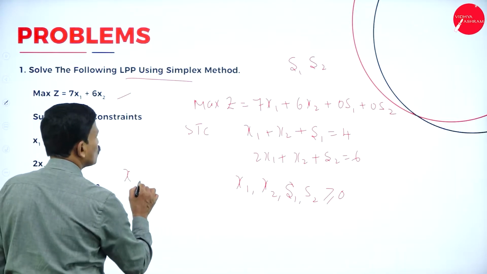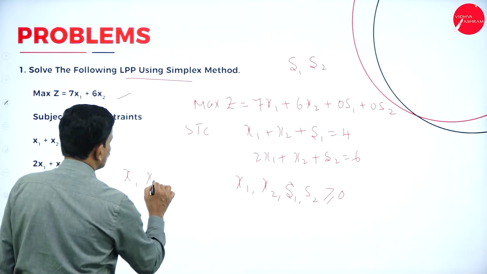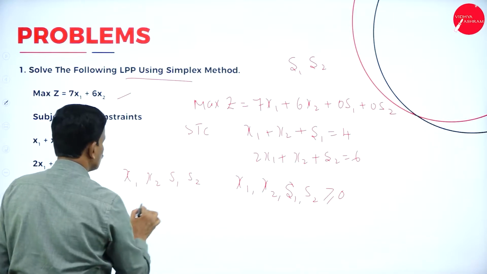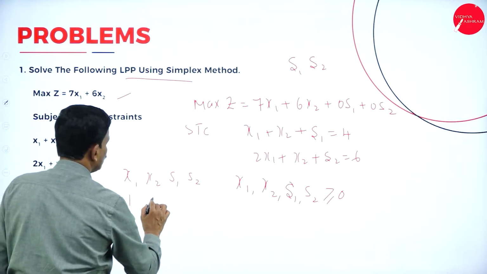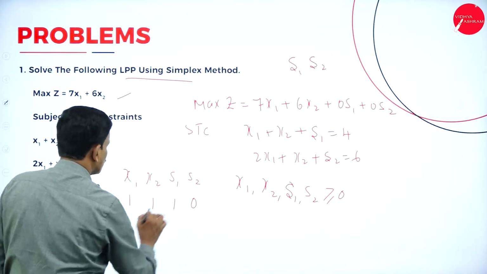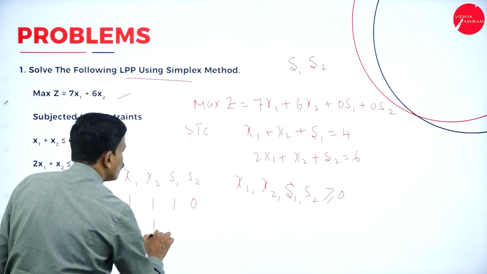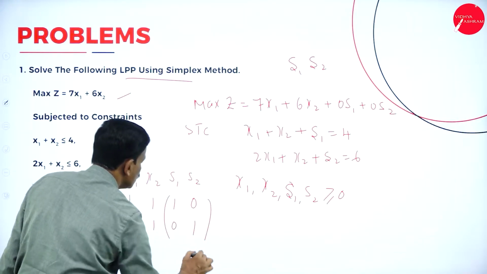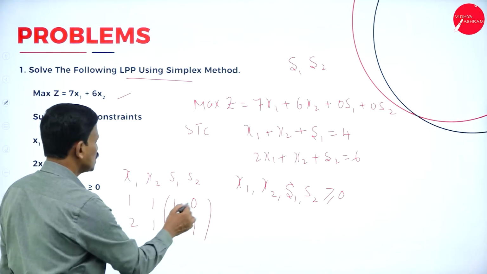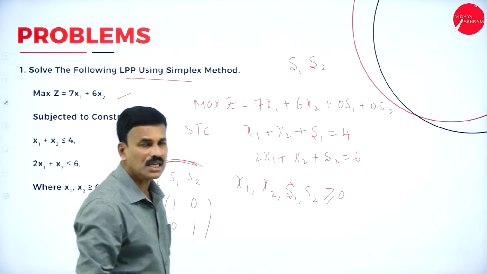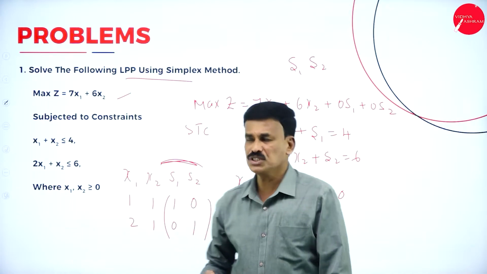The coefficients of x1 and x2 for the first equation are 1, 1, s1 is 1 and s2 is 0. And for the second equation it is 2, 1, s1 is 0 and s2 is 1. So this is an identity matrix with these two slack variables s1 and s2.